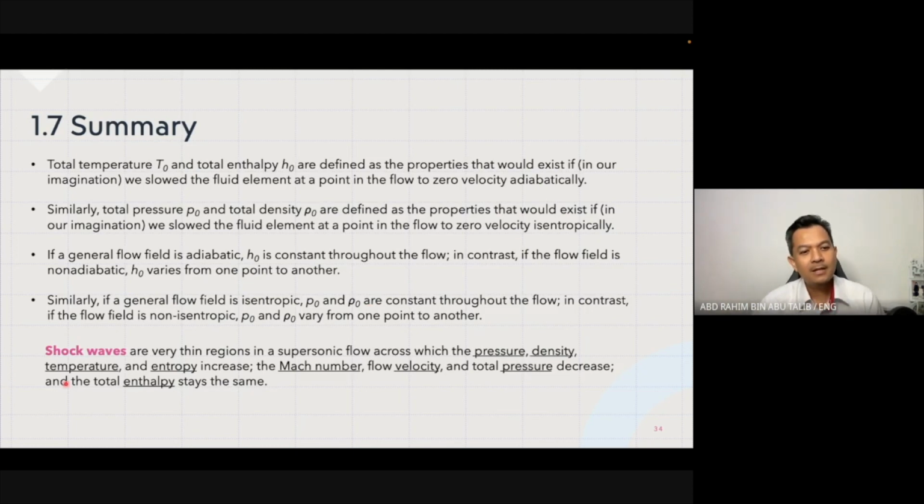Finally, shock waves are very thin regions in supersonic flow across which the pressure, density, temperature, and entropy increase. The Mach number and total pressure decrease, and the total enthalpy stays the same.